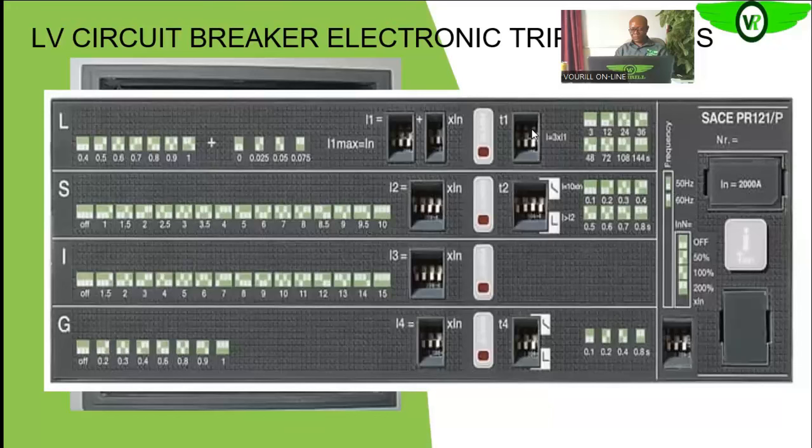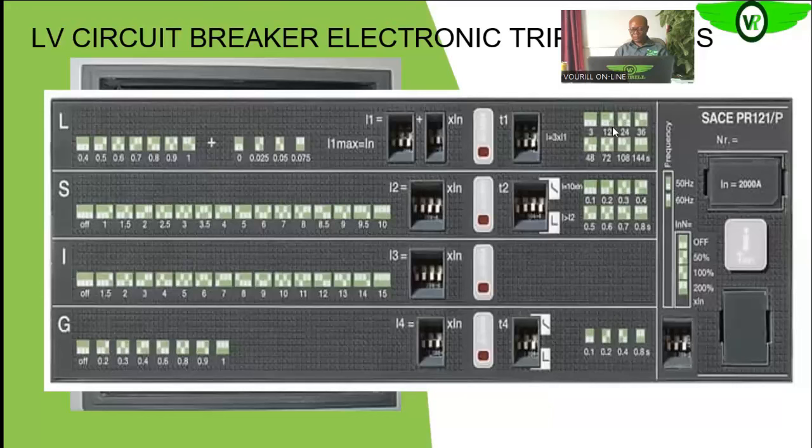Okay, so this is for the time delay, the long time delay. For 3 seconds, all the dip switches will be down, which means overload will be sustained for 3 seconds and it's expected that it will trip.